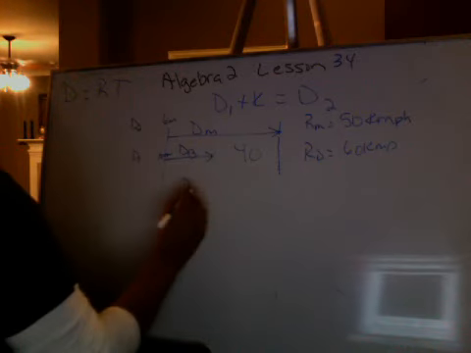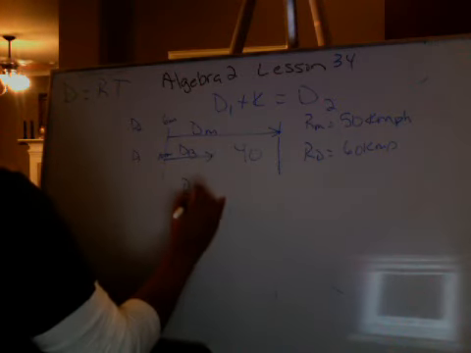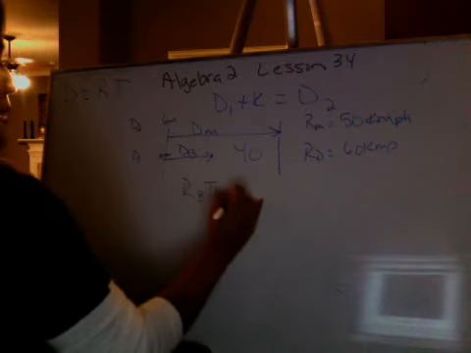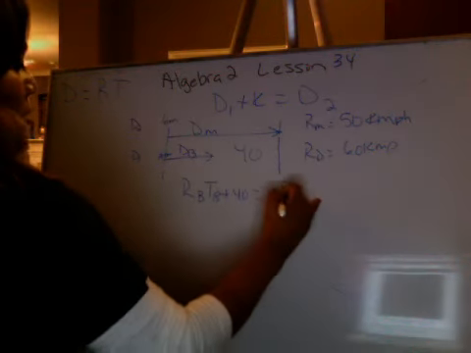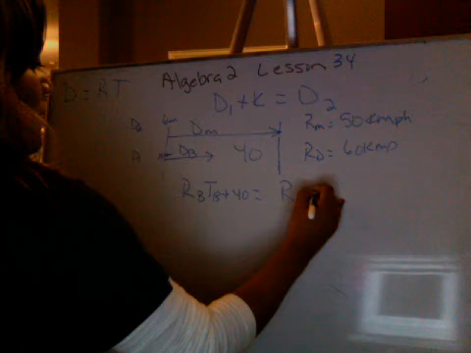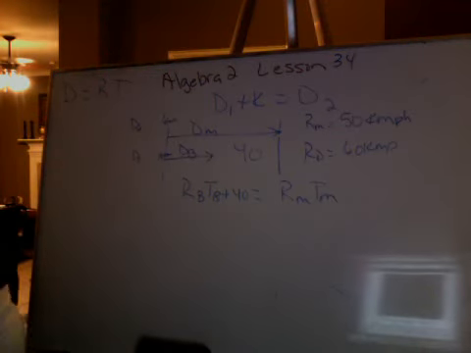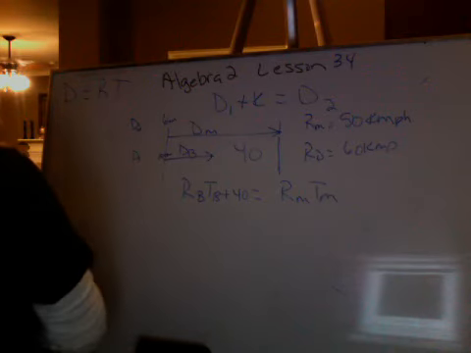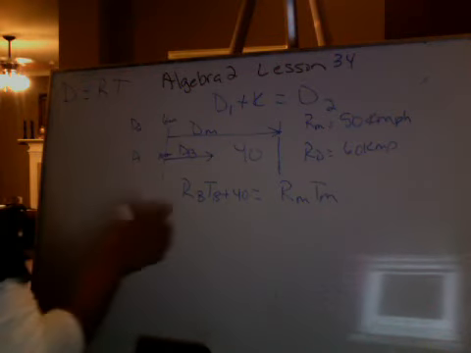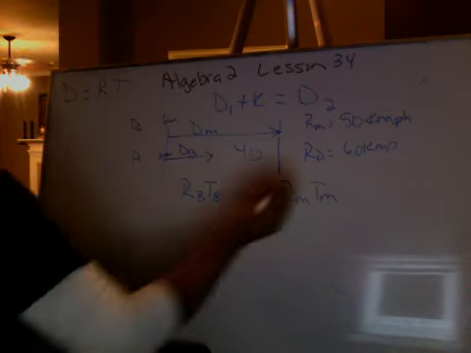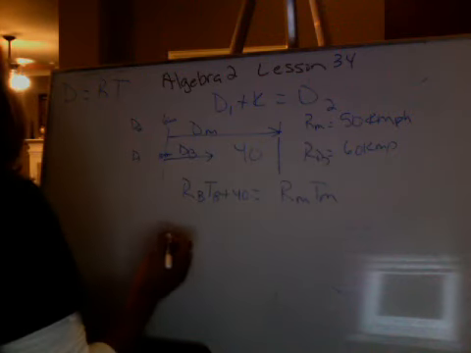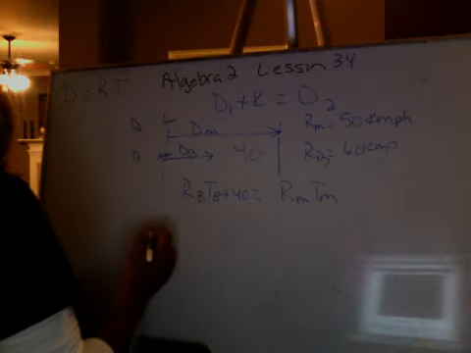So R of B, T of B, plus 40 is going to equal R of M, T of M. Now, what do we know? Do we know R of B, the rate? Yes, the rate of B was 60 kilometers per hour.